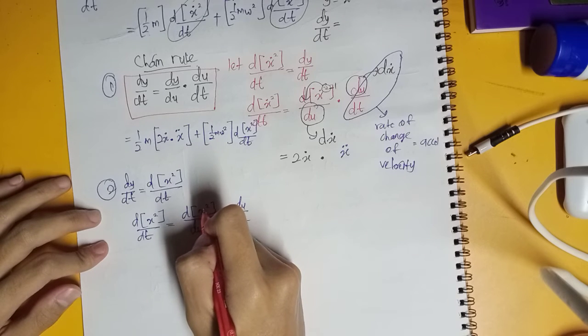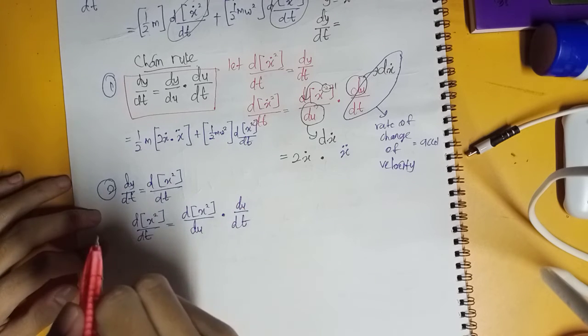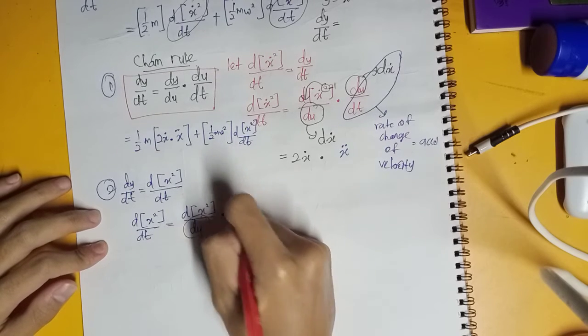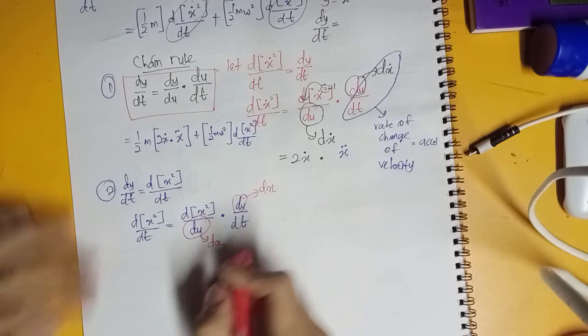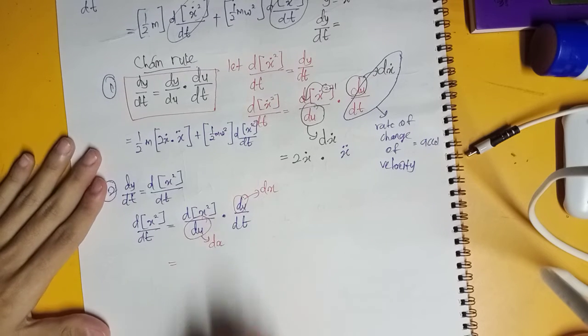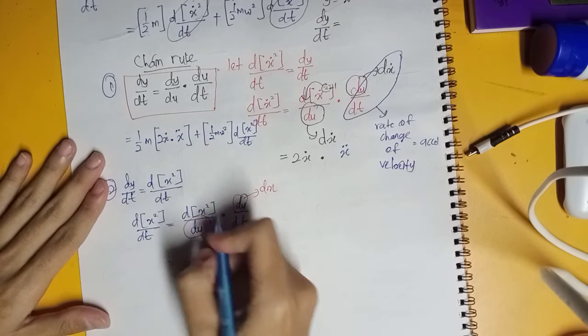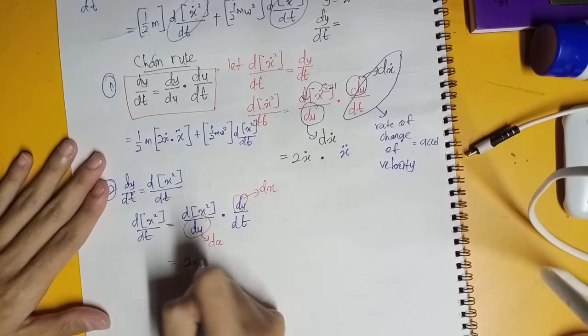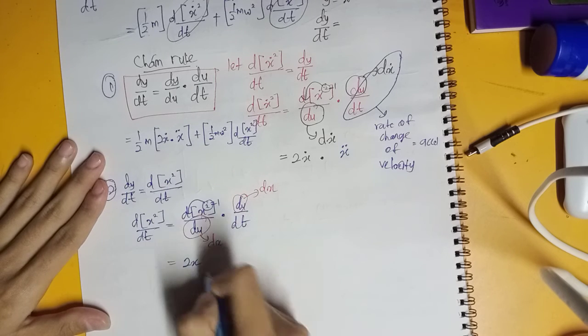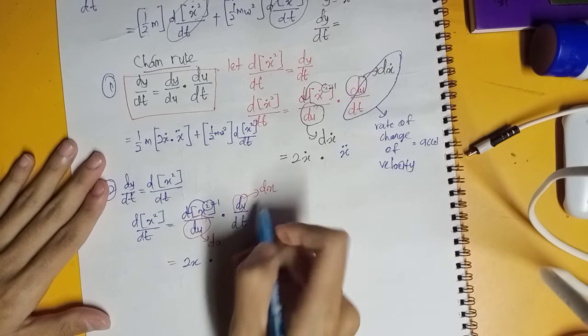So how do we differentiate x squared right here? We can differentiate it with respect to x, right? So that means here is dx and here is dx. So when we differentiate with respect to x, we get 2x, right? Because 2 goes out here and then minus 1. So 2x times dx over dt.